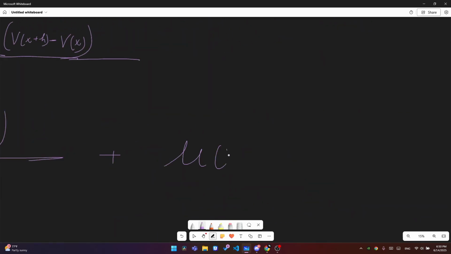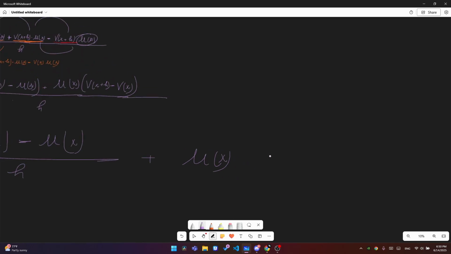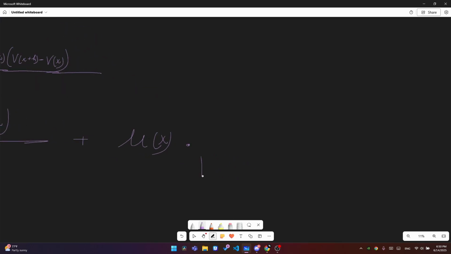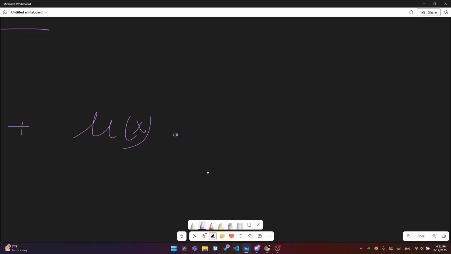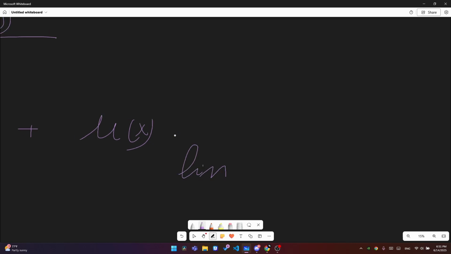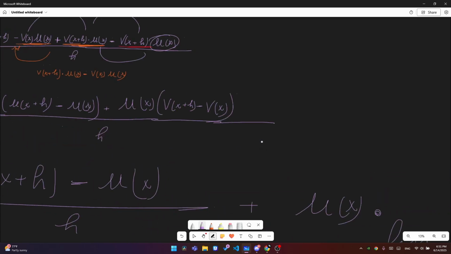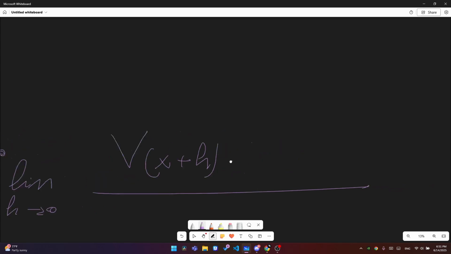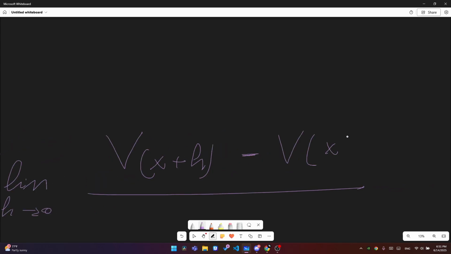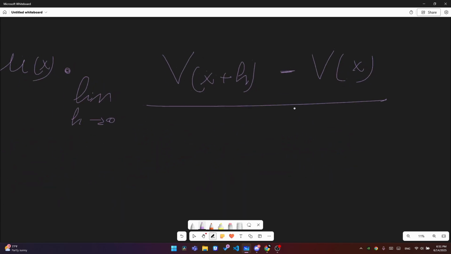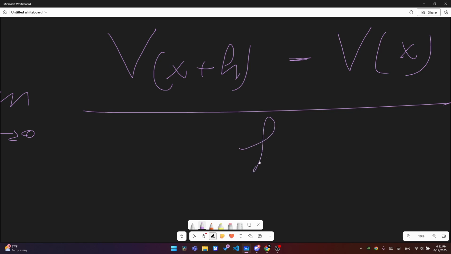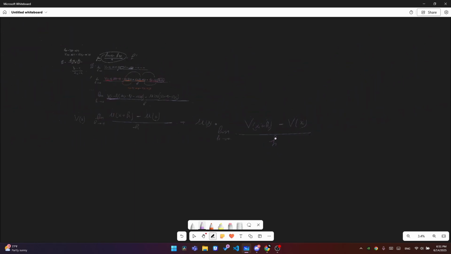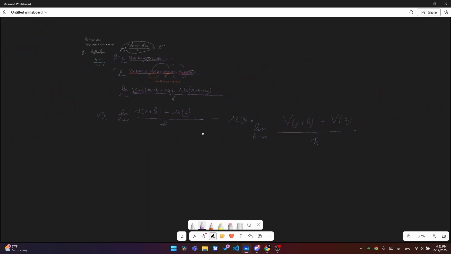So u of x right here multiplied by the limit as h goes to 0 of v of x plus h minus v of x, over h.